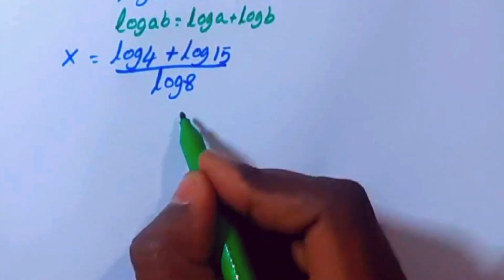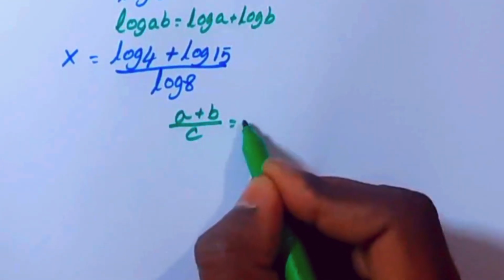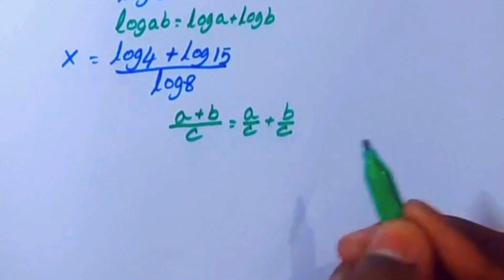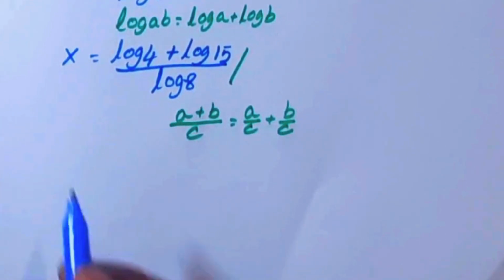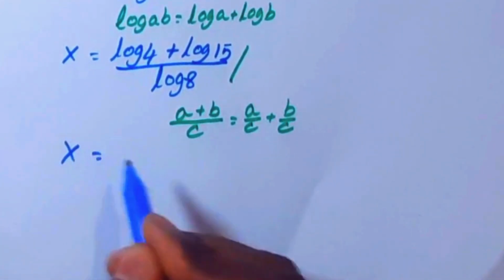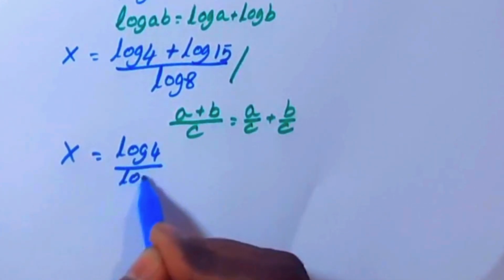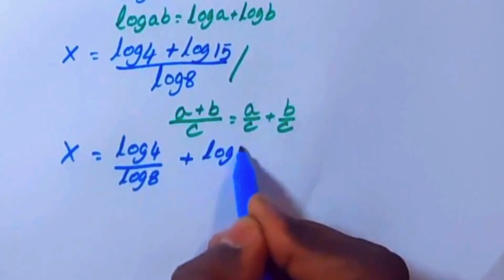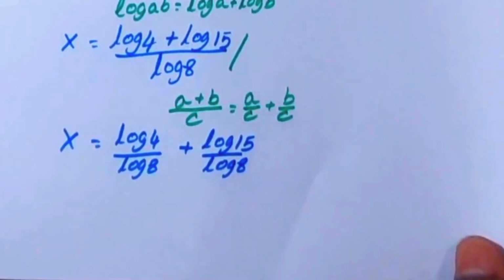Now (a plus b) by c equal to a by c plus b by c. We are going to implement this here. So we'll get x equal to log 4 by log 8 plus log 15 by log 8.